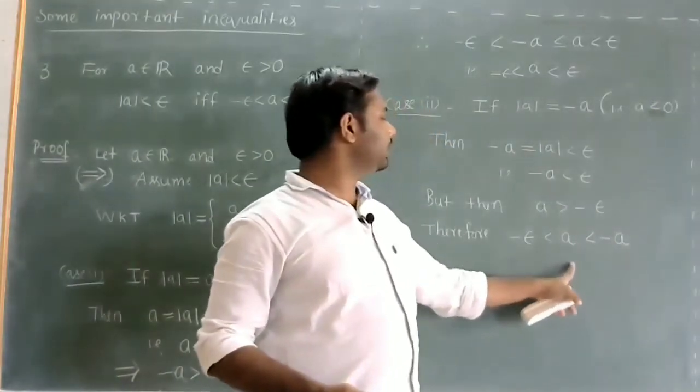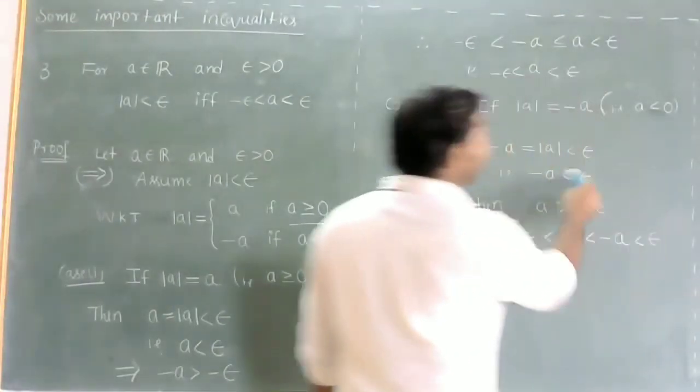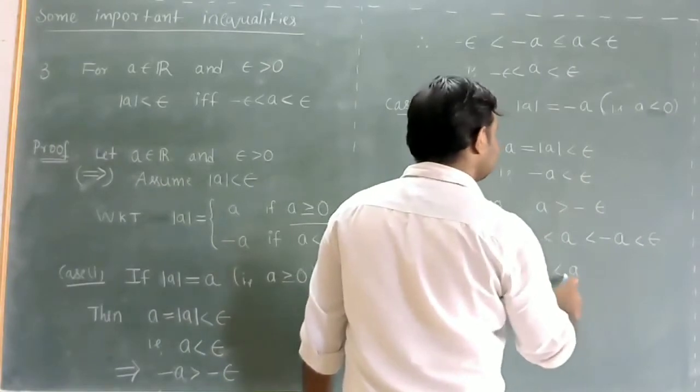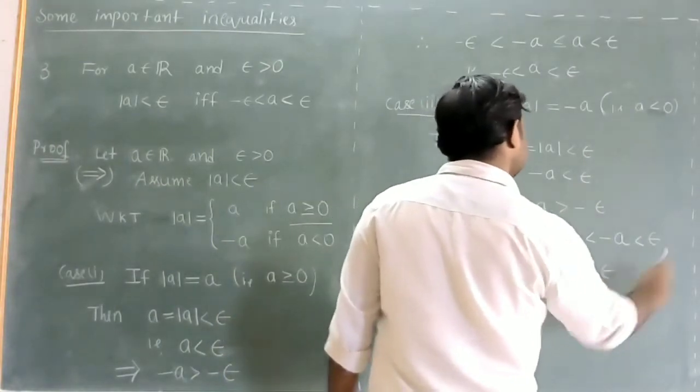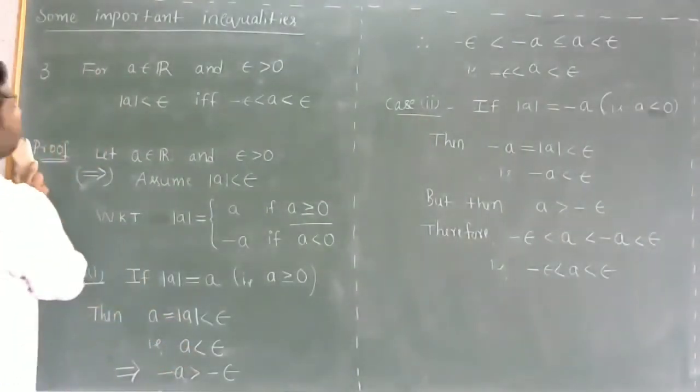A positive value is always greater than the negative. So it is less than epsilon. What we got is a once again lies in between minus epsilon and plus epsilon. Which proves the direct part.